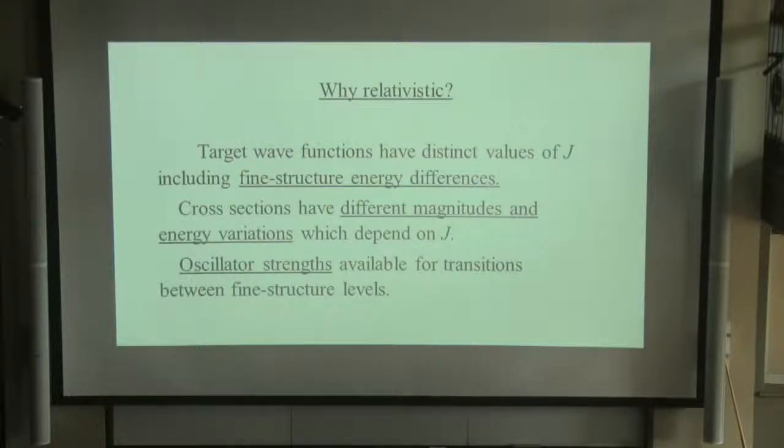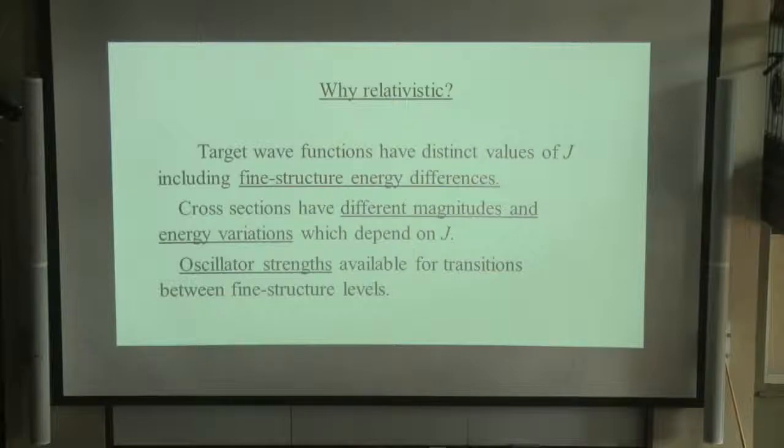And in this case, what we do get from the relativistic formulation is target wave functions that depend on J. Now, J is the label that labels the different fine structure states. So we get target states with different fine structure energies.